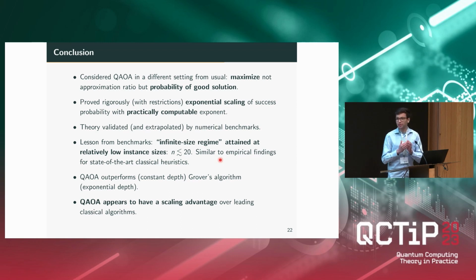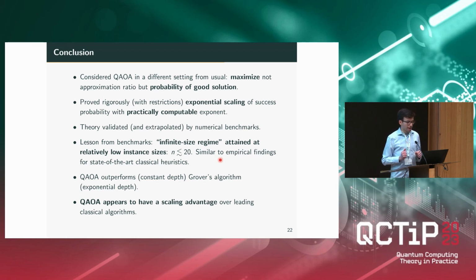The most important lesson from this benchmark is that the so-called infinite size limit is attained for actually pretty small instances. Even for 8SAT, which is quite a dense kind of problem, you're done at size 12. Finally, we learned from this benchmark that QAOA seems to outperform Grover's algorithm at constant depth, while Grover's requires exponential depth, although there are some caveats to that because there's a subtle interplay between empirical and analytic analysis here.